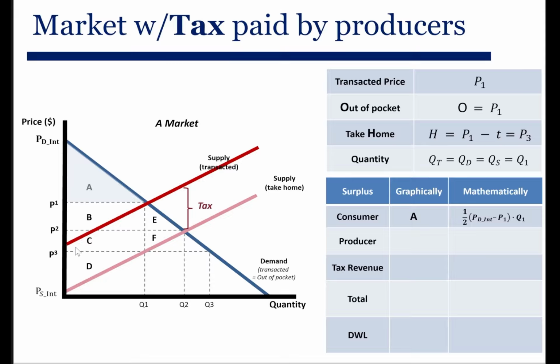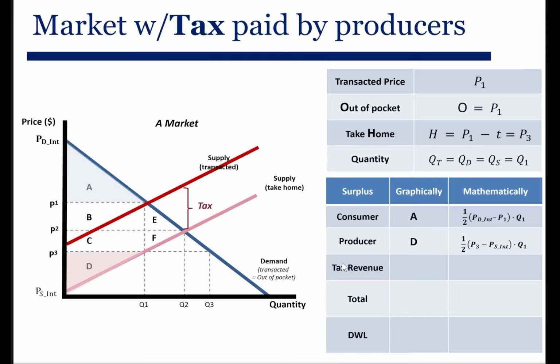The take-home amount is P3, and the area between those two is D. Now, because this is a parallel shift, this triangle, which is not labeled, that is bound by the transacted price and the transacted supply, will have the same area. I think it is easier and a little bit clearer to just stick to the take-home and the take-home.